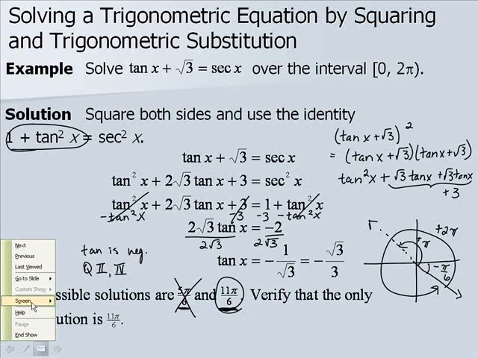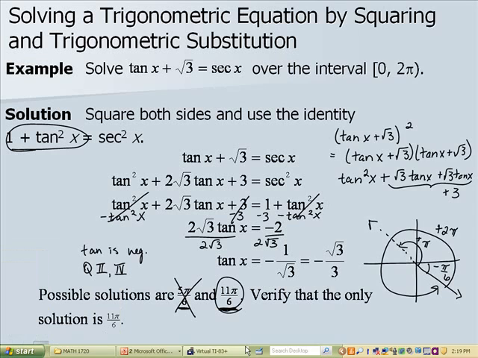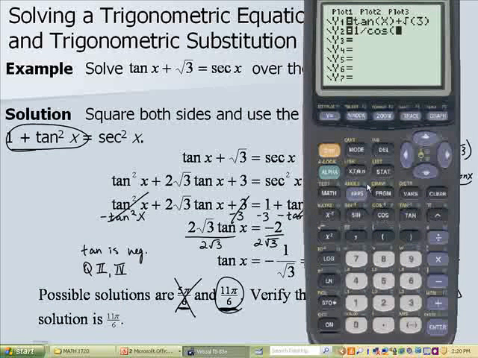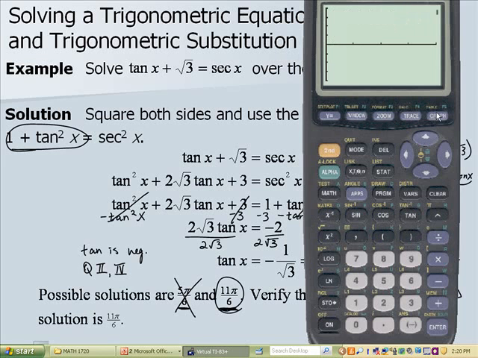Now let me show you how we could do that on our graph without having to do it by hand. We'll clear out both, and we'll put the tangent of x plus the square root of 3, and then for secant we'll do 1 over the cosine of x and graph.